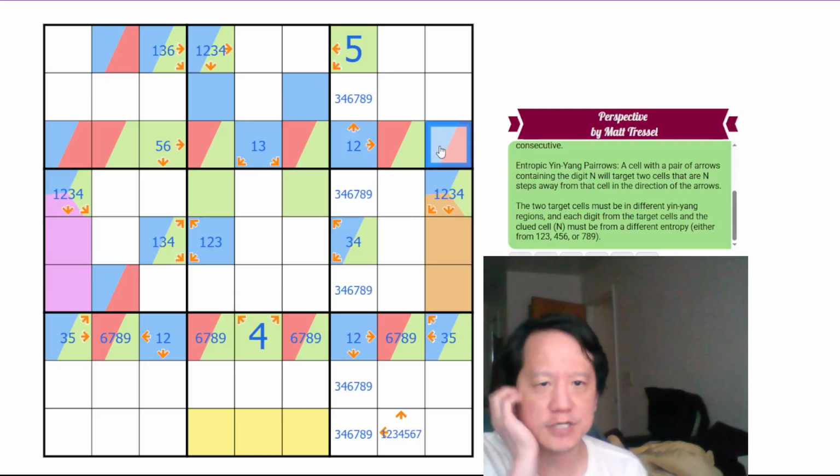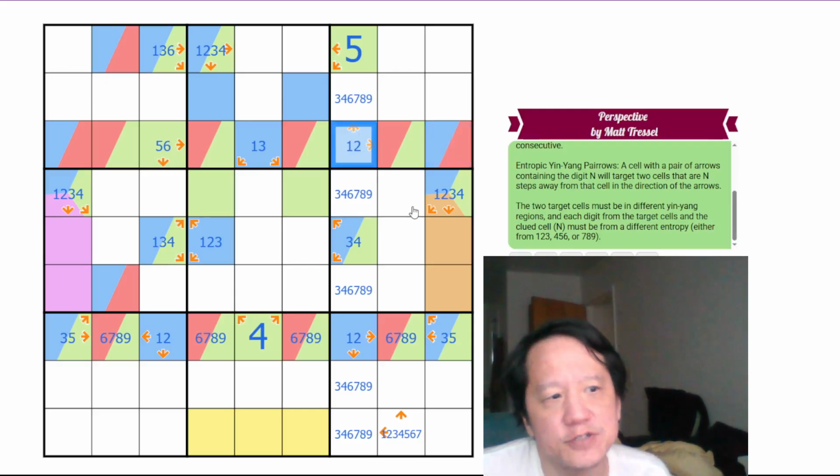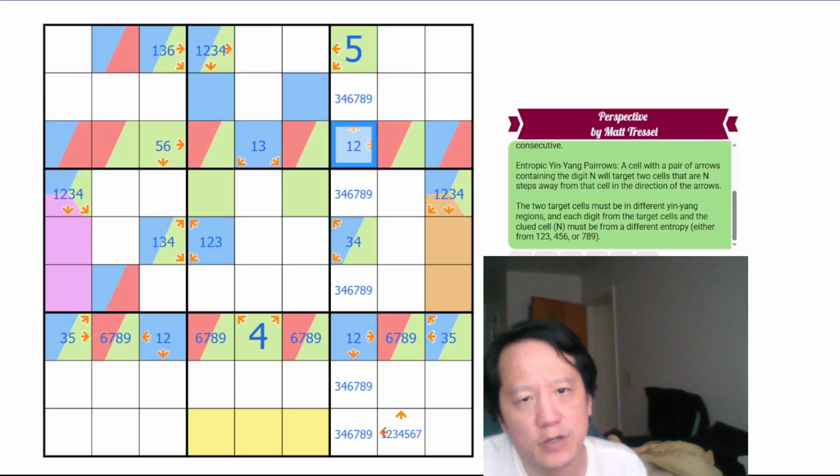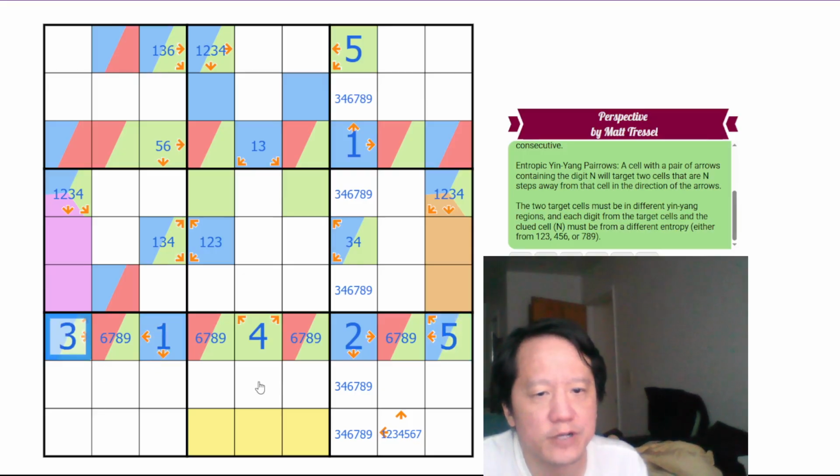Now the question is, can this be... We were trying that with 1 being there. What happens if we try with 1 being here? 1, that's 2 and 5. This is 1 and 3. So not low, not medium, not low here. 5 away means this is not medium, that's high.